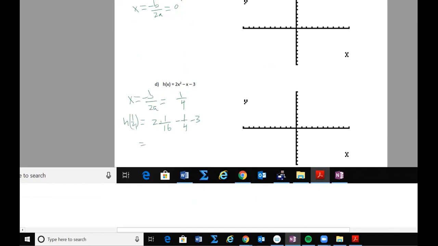So this is 1/8 minus 2/8 minus 24/8. So that becomes minus 25 over 8. And that's your vertex: 1/4 and minus 25 over 8.